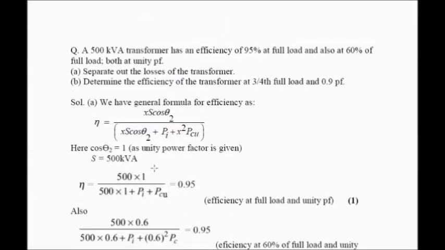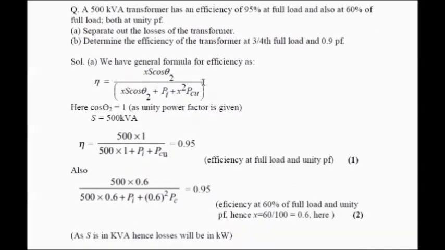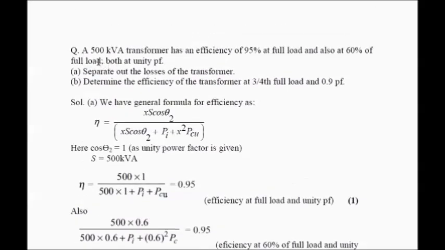Now let's look at a problem based on this efficiency. So the question is like, a 500 kVA transformer has an efficiency of 95% at full load and also at 60% of full load, both at unity power factor.